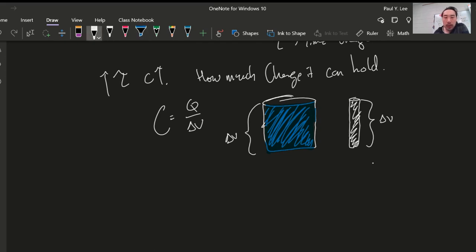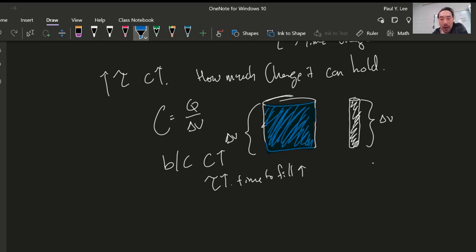Because C increases, the tau also increases; the time to fill increases. Versus a nice and skinny cup, if you turn on the faucet, it's going to fill up really quickly. If the capacitance goes down, or the amount of charge it can hold goes down, like volume, the time that it takes to fill up will also go down.